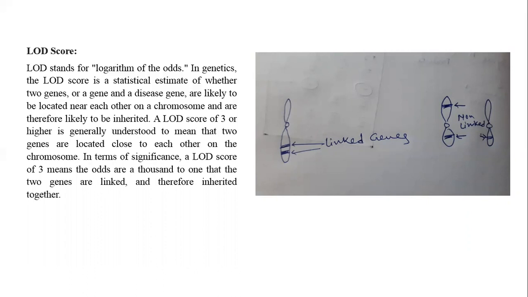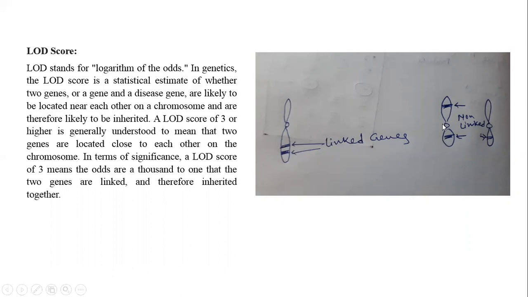A LOD score of 3 or higher is generally understood to mean that two genes are located close to each other on the chromosome. Suppose, take the example, these two genes are placed at this distance and they are called linked genes because they can segregate together. There is a chance of segregation together for these two genes.